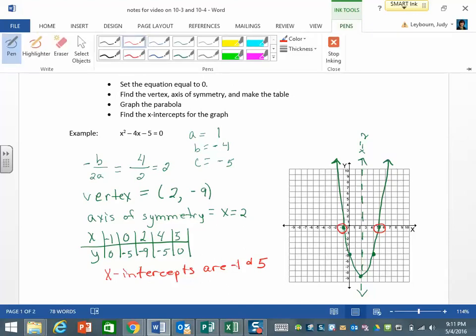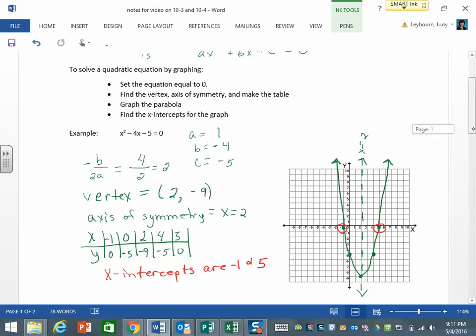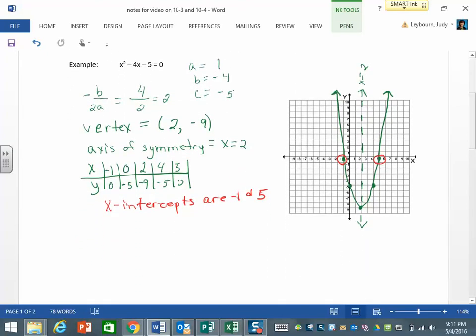If you were to solve this equation by factoring, the factors of x squared minus 4x minus 5 are (x minus 5) and (x plus 1), equal to 0. And the zero product property tells us that either x minus 5 equals 0 or x plus 1 equals 0, and we get x to be 5 or -1. So we're getting the same answer, it's just a different way.